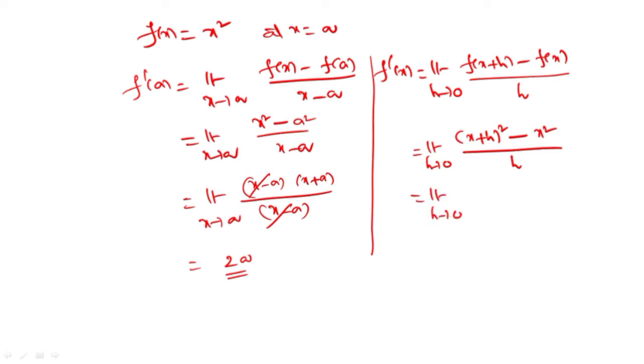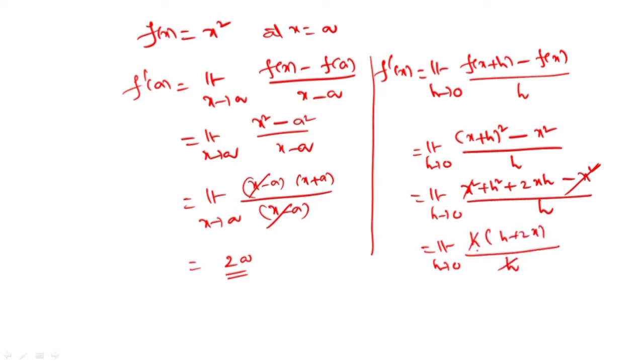Expanding using the formula a square plus b square plus 2ab, and keeping minus x square the same, by h. Now taking h common in the numerator, (h plus 2x) by h. So replacing h by 0, 0 plus 2x is 2x. So the derivative of f is 2x, and at a it is 2a. Likewise you can find it whichever way you like. That is the general procedure.